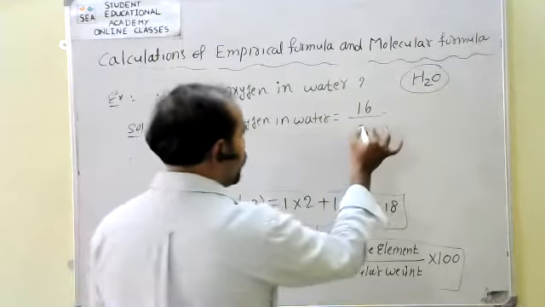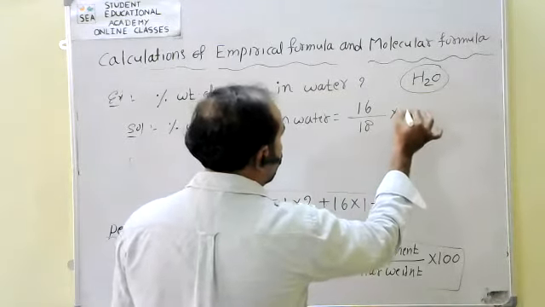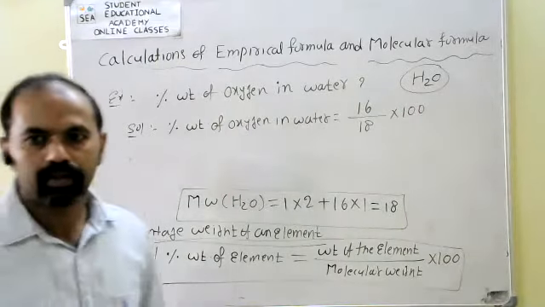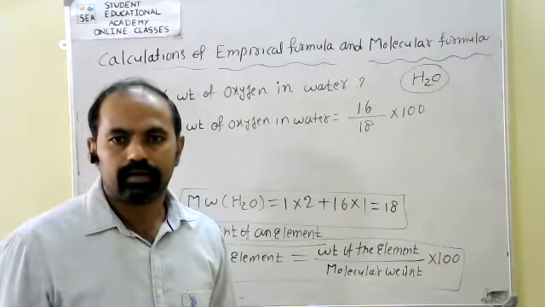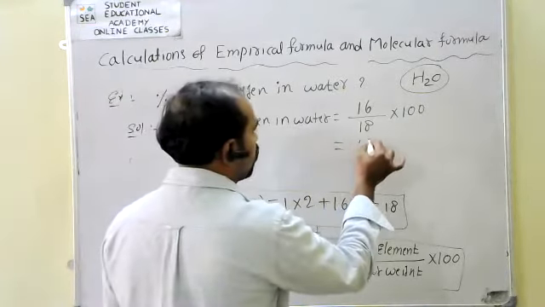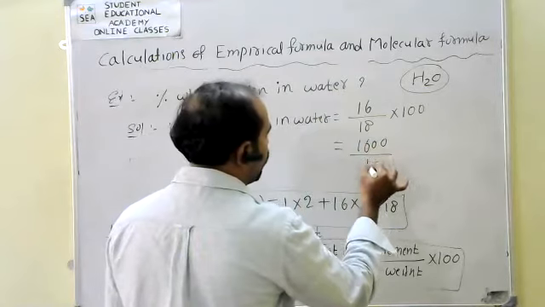So 16 into 100 upon 18, that is 1600 upon 18.